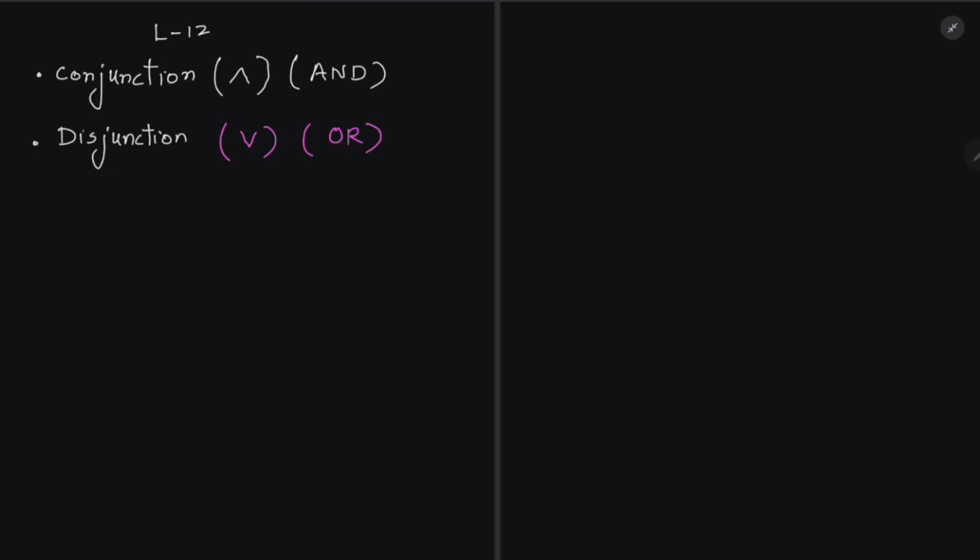Let me just give you one example over here. Suppose we say that, so let me first talk about the conjunction. Suppose we say that today is Friday. This is one proposition. Either it can be true or it can be false.